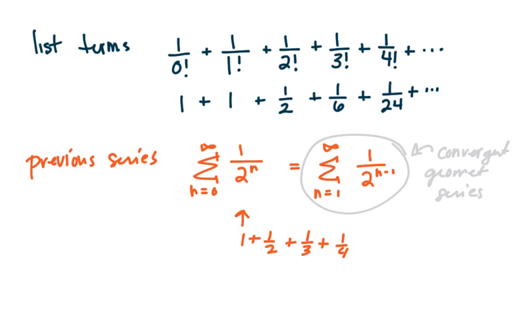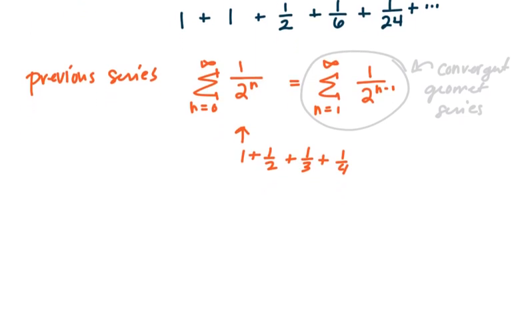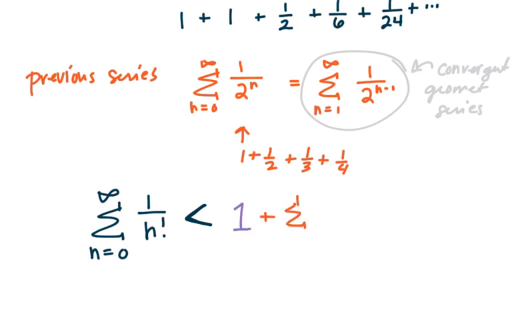And the way we can handle this is by saying, in this case, the original series we started with, n equals 0 to infinity of 1 over n factorial, those terms are all less than 1 plus this new series, n equals 0 to infinity of 1 over 2 to the n.